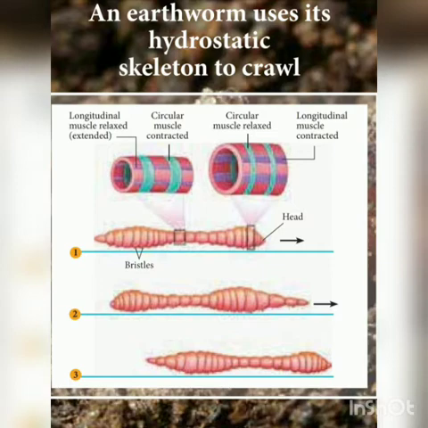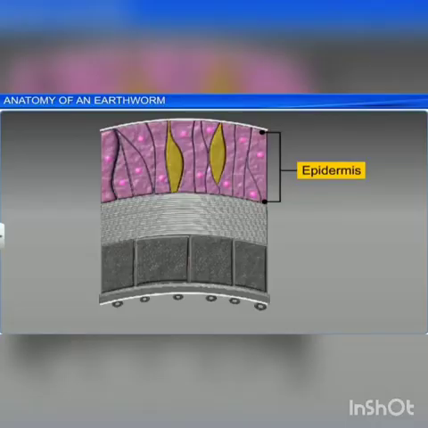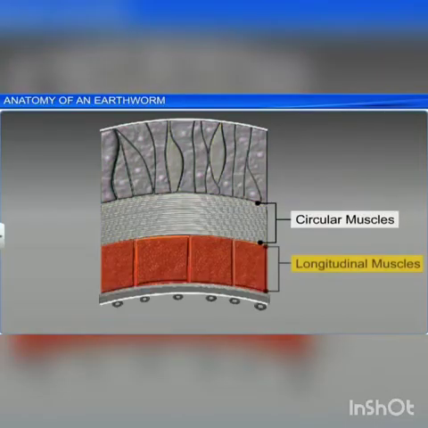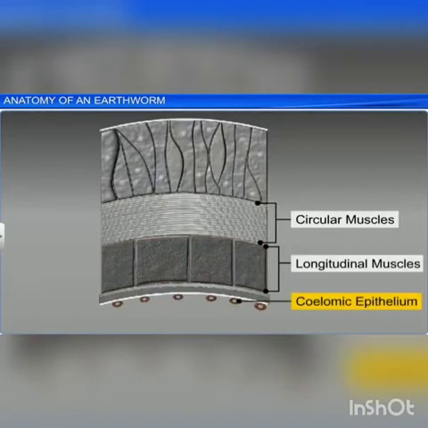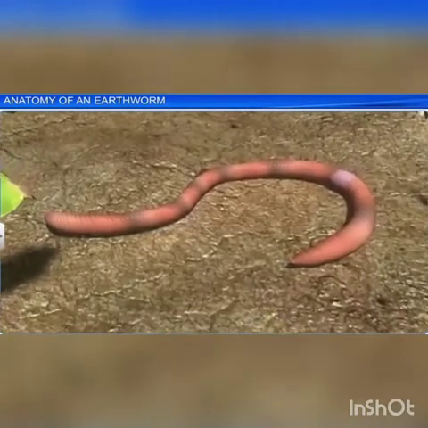What is meant by hydrostatic skeleton? The earthworm normally crawls with the help of body muscles. It has 2 types of muscles, the outer circular and the inner longitudinal muscles, which lie below the epidermis of the body wall. The contraction of the circular muscles makes the body long and narrow.